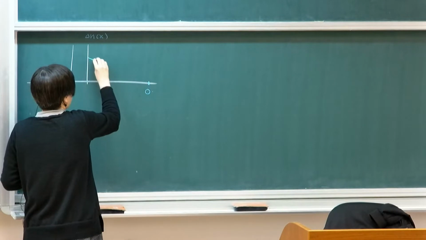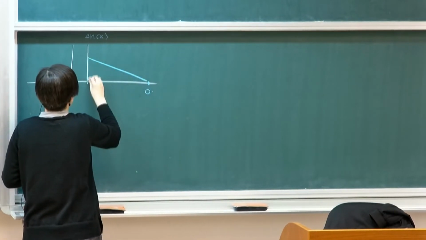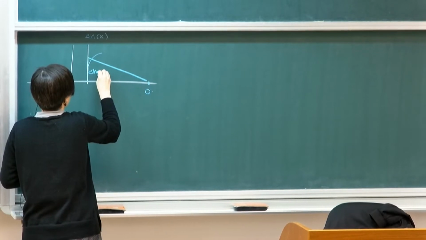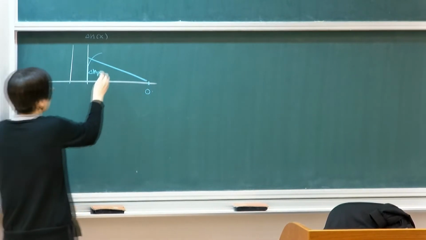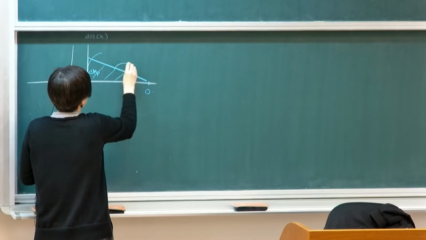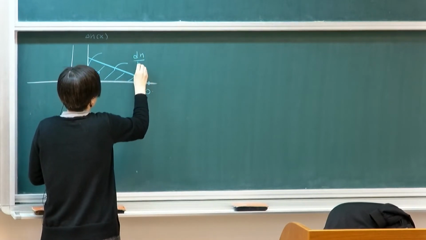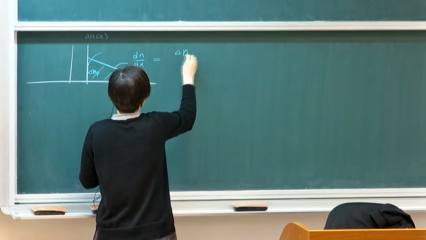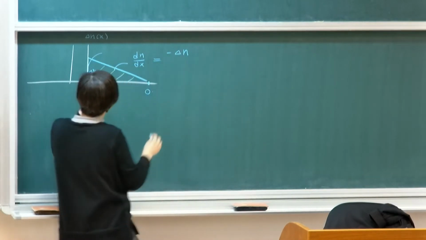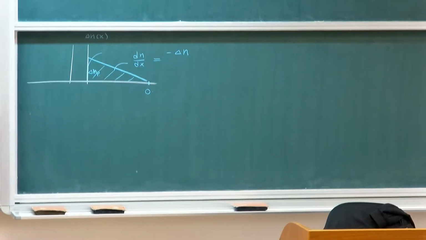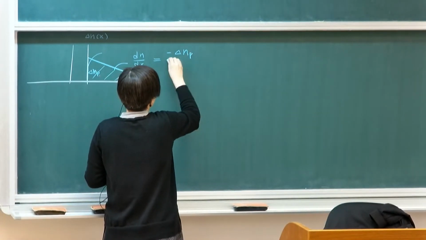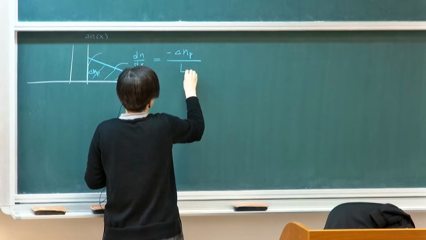And it's raised by a factor of delta n_p, right? So the slope dn/dx will simply be defined by delta n_p divided by a length, with a minus sign because it's reducing.